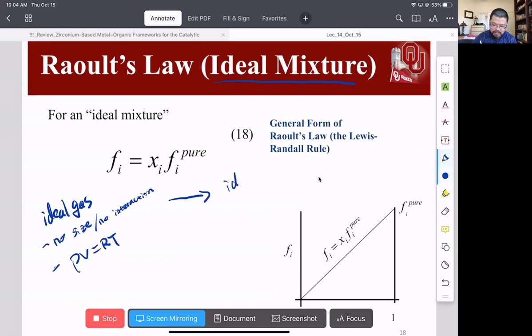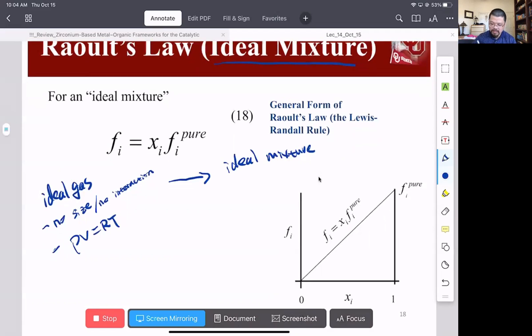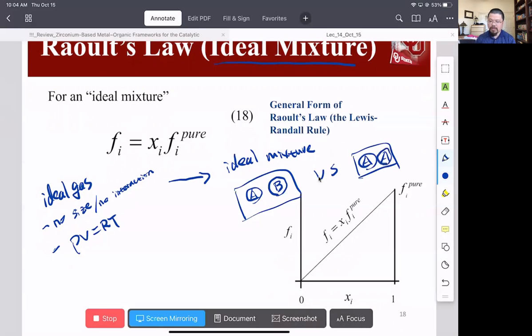Now let's try to look at the ideal mixture. Ideal mixture is nothing special, but we are going to have the mixture A and B. If we compare with the mixture of A and A, this is the pure component.